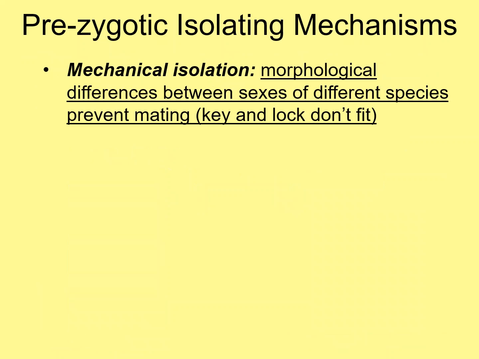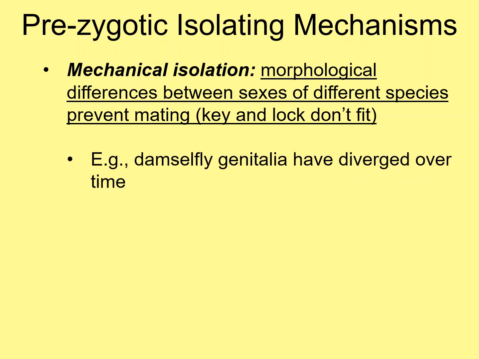So another kind of isolating mechanism involves what's referred to as mechanical isolation. So these are the kinds of isolating mechanisms that have evolved to prevent the physical act of mating.